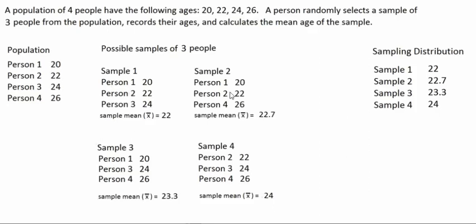We got the mean of each one by adding and dividing by 3, and we listed out the answers over here. So if sample 1 is chosen, the mean will be 22. If sample 2 is chosen, the mean will be 22.7, and so on. Like I said, it's like spinning a spinner, right? It lands on one sample, which becomes the actual sample.